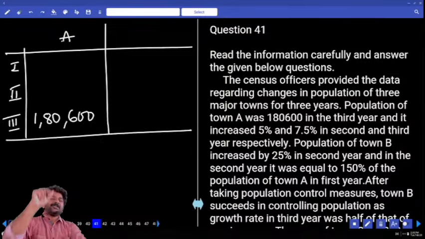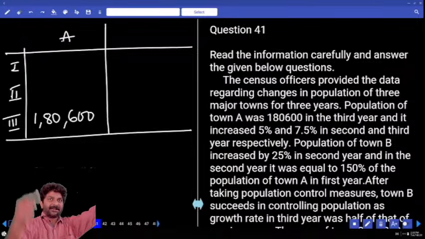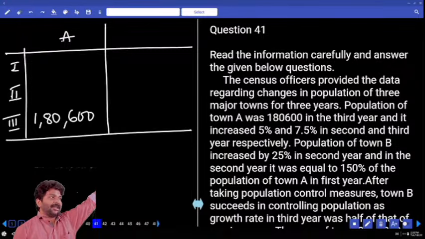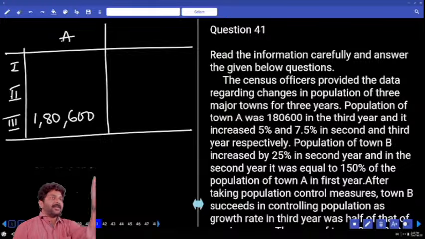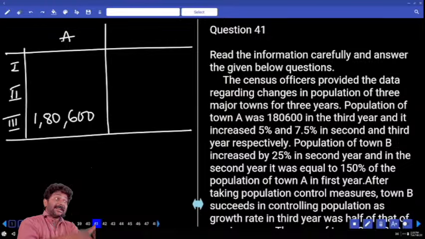First year to second year, 5% should be on the initial number. Then you got the increased number. And from second year to third year, 7.5% increase happened on the increased number. So is this a simple interest concept or compound interest?